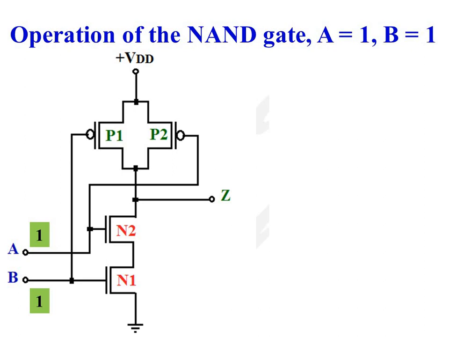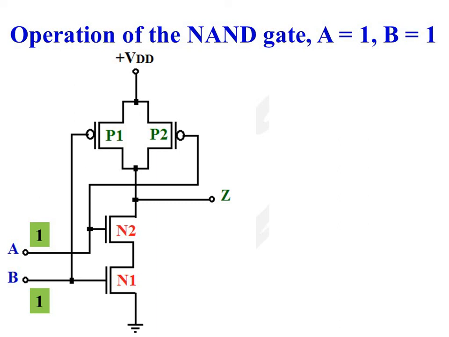When A is equal to 1 and B is equal to 1. Gate of NMOS transistors N1 and N2 are existing at logic 1, so both of these two transistors will be on. Gate of PMOS transistor P1 and gate of PMOS transistor P2 is existing at logic 1.